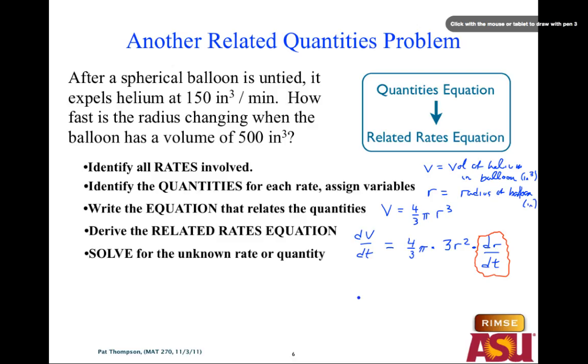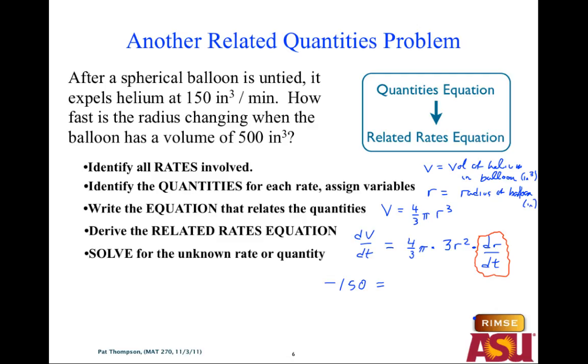It is not 150. What's happening to the volume? We're expelling, so the volume of the balloon is decreasing. And we know our key fact: if a quantity is decreasing, the rate of change is negative. Remember that? So watch out for that. So we got negative 150.